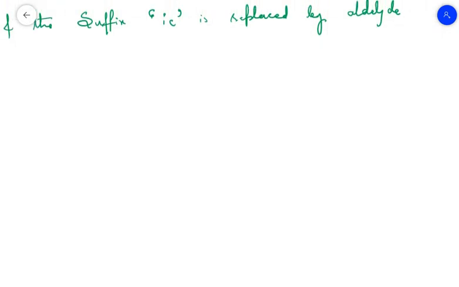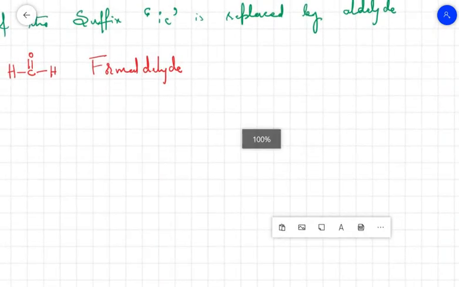Let us have some examples. The name of this compound is formaldehyde. When subjected to oxidation, it gives formic acid.